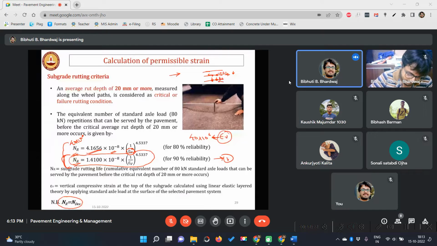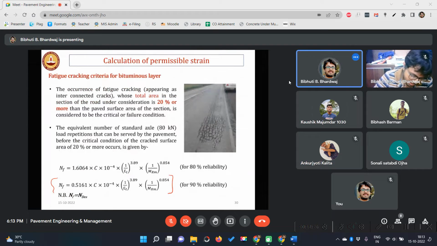Done? Yes, sir. Okay, and for fatigue, this one. Done. Okay. And you also write this NF equal to NR equal to N design.